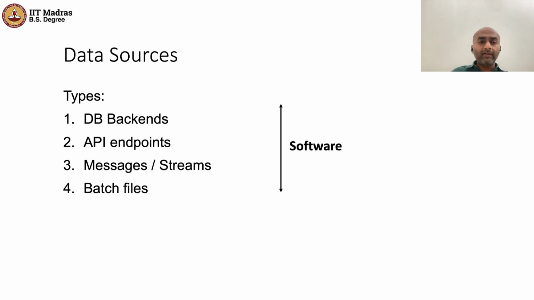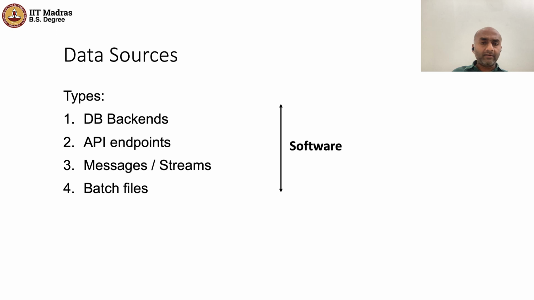All right, software produces data of all four types. Many software applications are designed with databases as the backends. Some software, especially modern internet-born software, is designed with API endpoints in mind, both for querying as well as for accepting inputs.